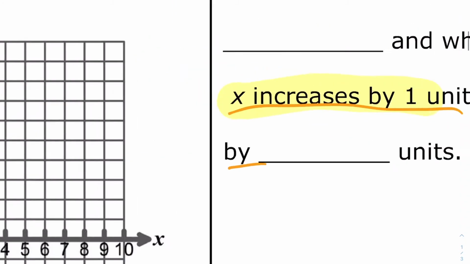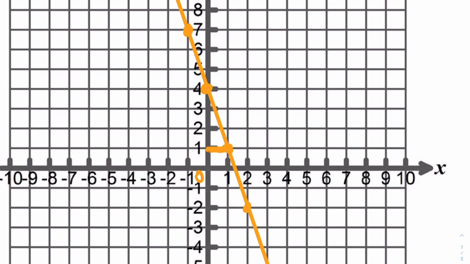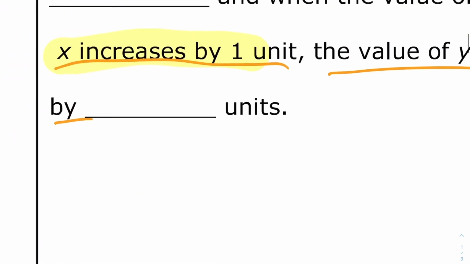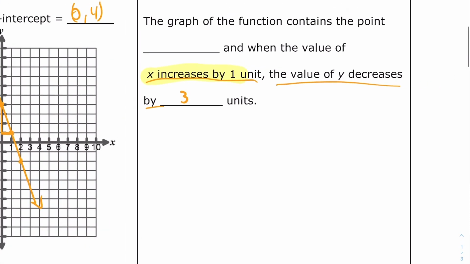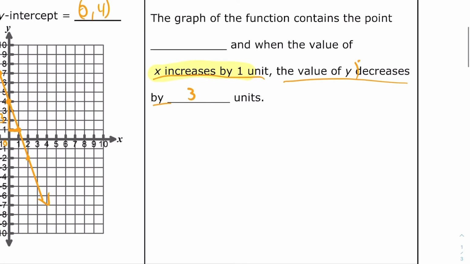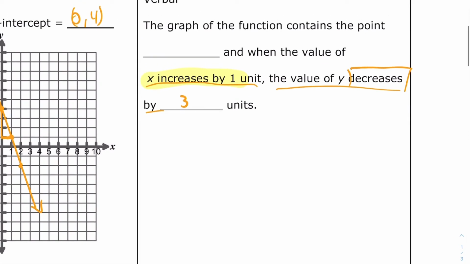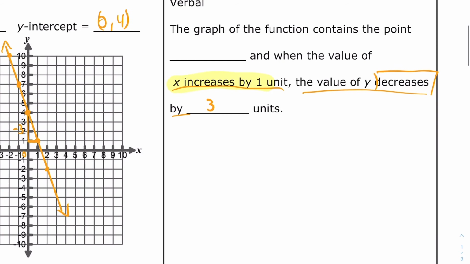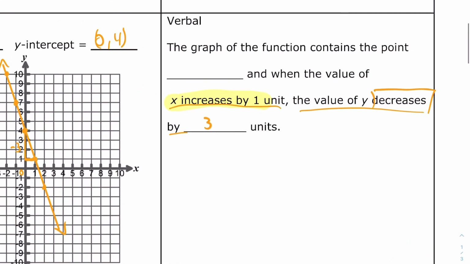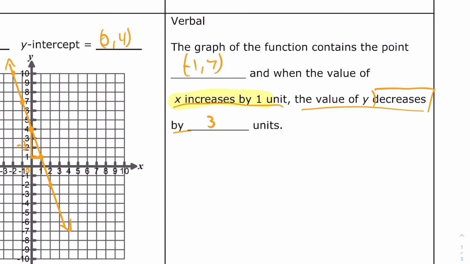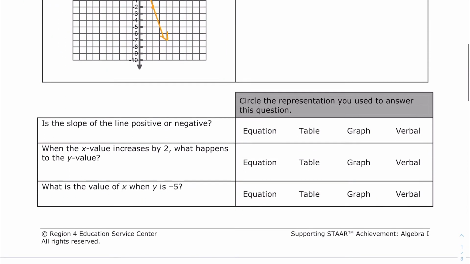The value of y decreases by, as we go one space to the right, our y is going down by 3. So decrease by 3 units. We don't have to put negative 3 because they already put the word decreasing right there, and that means subtracting from. The graph contains the point. I guess they just want any random point. Let's put negative 1, 7 is what I'm going to use. That's all for that part.